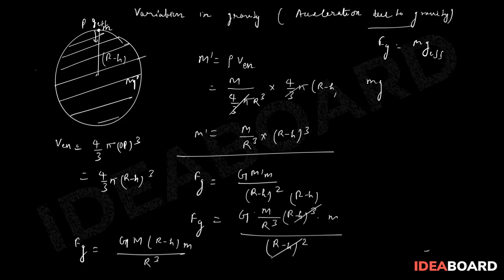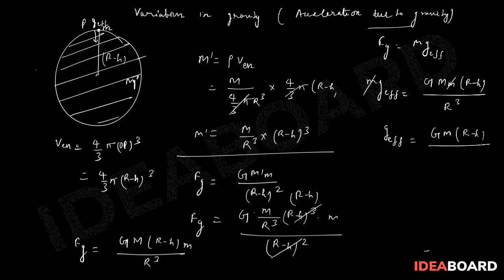So m into G effective is equal to G capital M small m into (r minus h) upon r cube. So this m is cancelled out. So G effective is equal to G capital M (r minus h) upon r cube, correct?